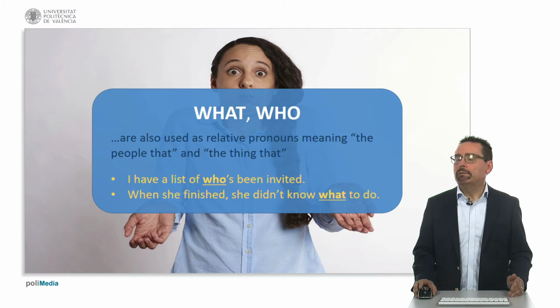What and who are yet other alternatives for relative clauses, and they mean the people that or the thing that. Here we have two examples. I have a list of who's been invited, or when she finished, she didn't know what to do.